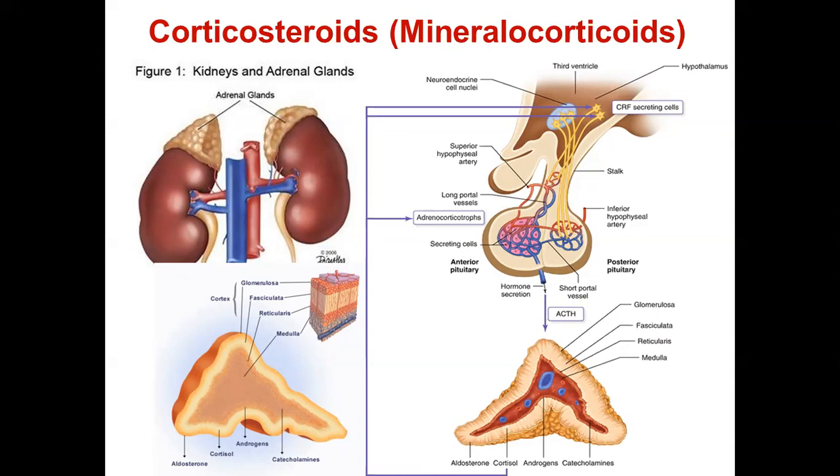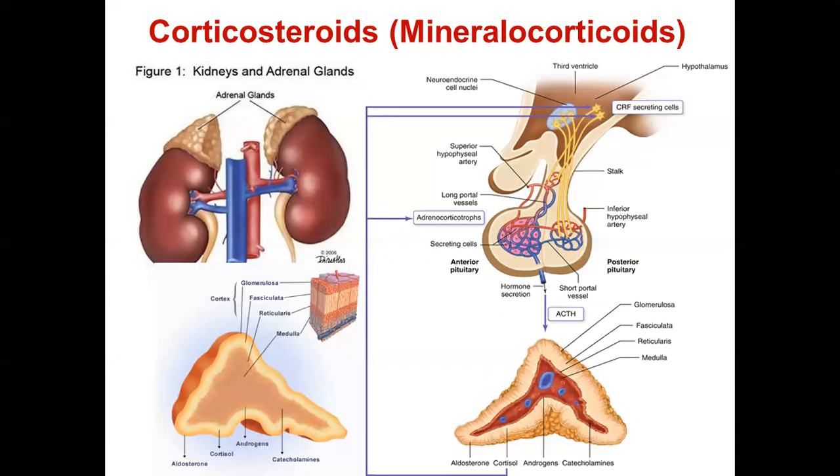Androgen here, you can see, is the sex steroid, like testosterone or estrogen or estradiol. And cortisol is in the major classes of steroid hormone, basically corticosteroids, like glucocorticoid or mineralocorticoid.